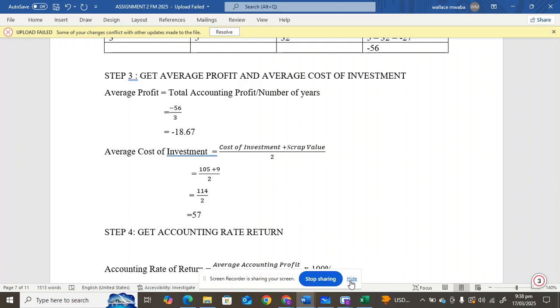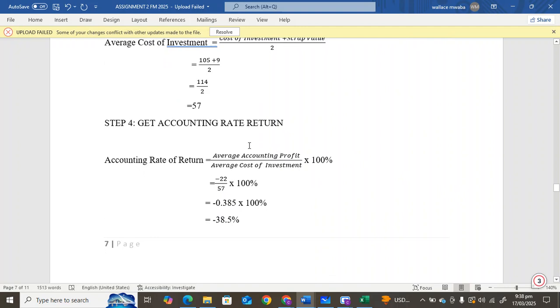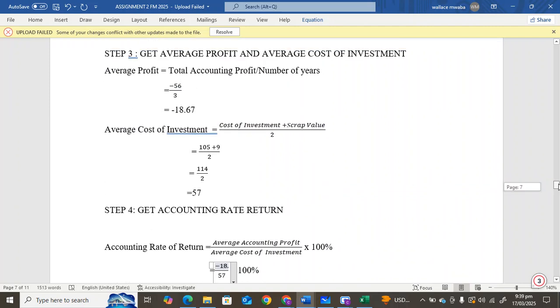Then the final step, you get your accounting rate of return, which is your average accounting profit divided by the average cost of investment times 100%. Average accounting profit here, since it's negative, is a loss. So average accounting loss is negative 18.67 divided by our average cost of investment, 57.